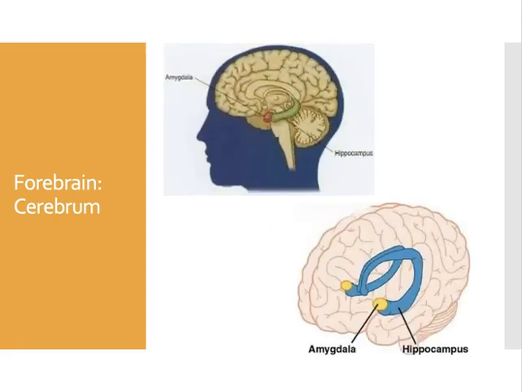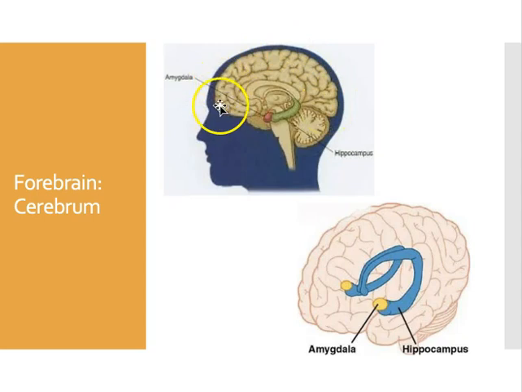On this slide, we can see drawings of the cerebrum in cross-section in the upper left and as a full brain that we can peer into on the lower right. If we start up here, again, the brain has been cut in half through the corpus callosum. So we're looking at the edge of one hemisphere.